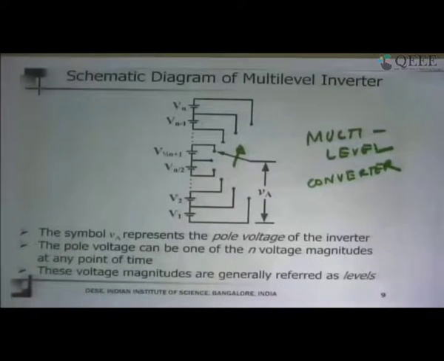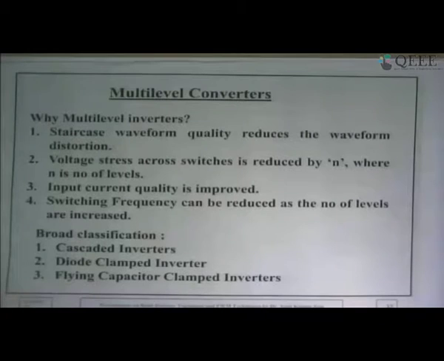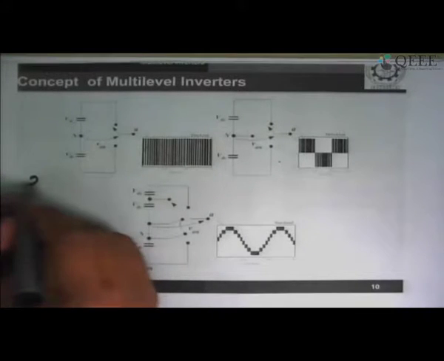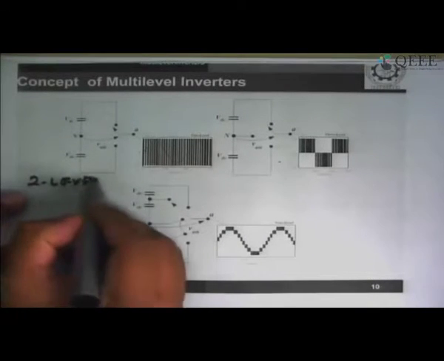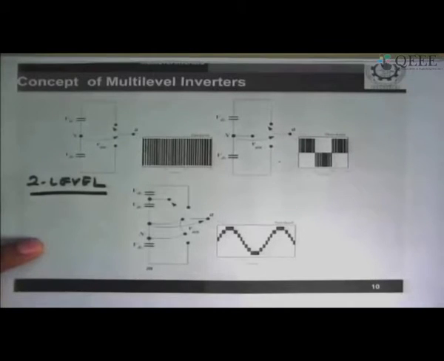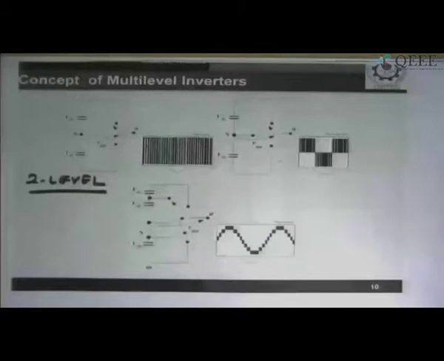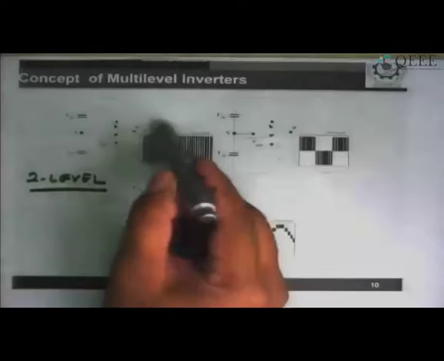What is the use of such a thing, if you want to go for multi-level? Definitely there is an increase in the number of levels of pole voltages, but what is the use of these things? Maybe let us quickly see some of the waveforms. It will help us to understand this. So this is a two-level. If you see the pole voltage of this kind of topology, it will vary between two values.